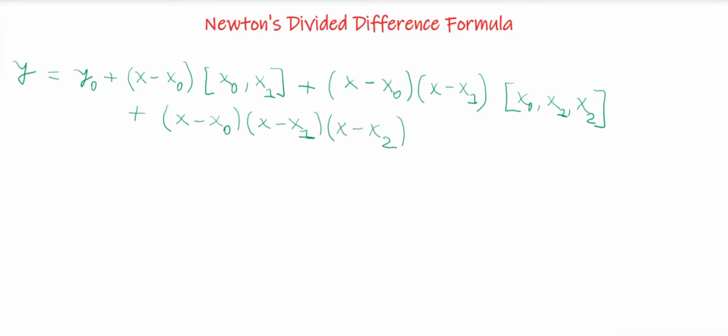Now here in the square brackets it will be [x naught, x1, x2, x3].